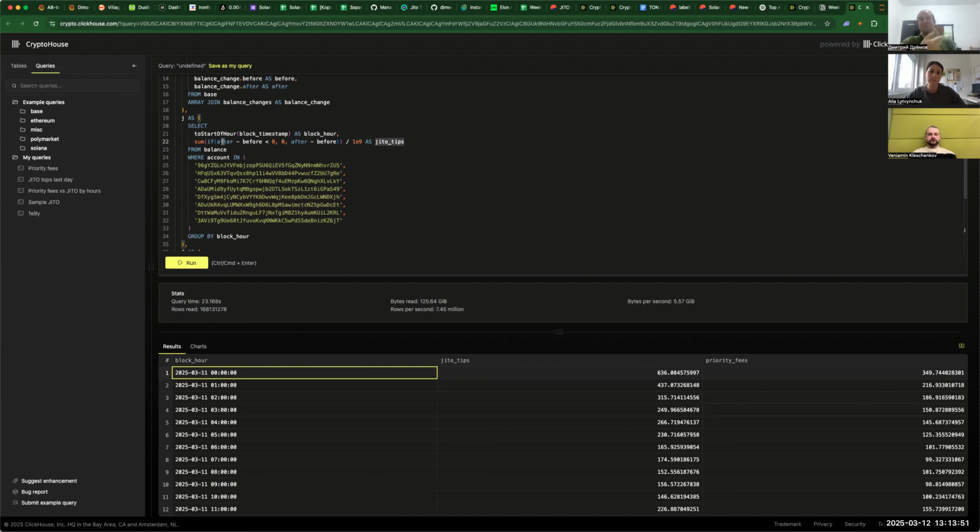Of course, that's only possible if JITO is actually giving these tips to validators, or at least most of them. I'm not sure if it's all of them or most of it, but the JITO tips are redistributed to validators that actually processed these transactions. So that's where they mostly should go. But I never actually analyzed this. It might be interesting to see how they distribute it.